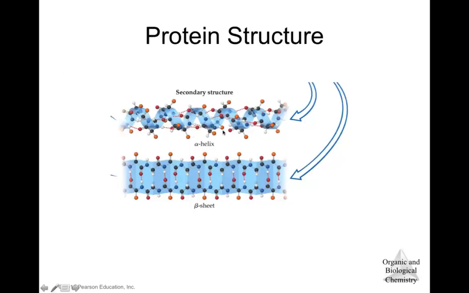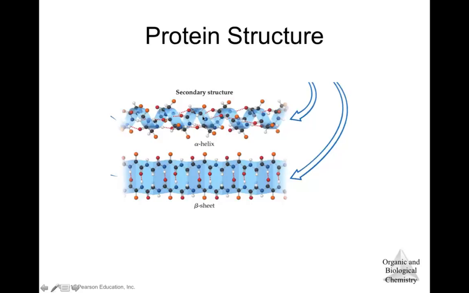So here we have an example. Here is the carbon of a carbon. Remember that the red ones are the oxygen of the carbonyl, and the white is the hydrogen. So here we have a hydrogen bond, okay, between this oxygen that is of this amino acid with this hydrogen that is of this amino acid.